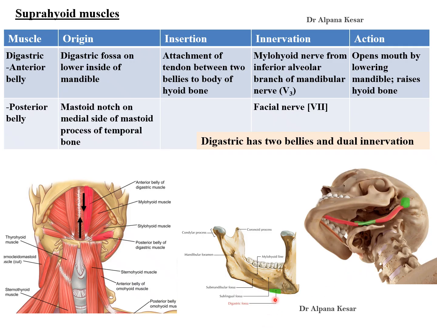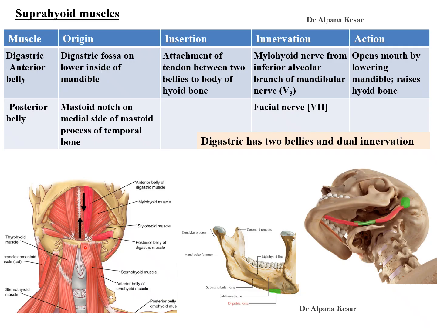The anterior belly from the digastric fossa and the posterior belly from the mastoid process both will descend down towards the body of the hyoid bone. Both the muscles get inserted into the common tendon. This common tendon is held in place with the help of connective tissue fibers that form a sling or a pulley around the common tendon.